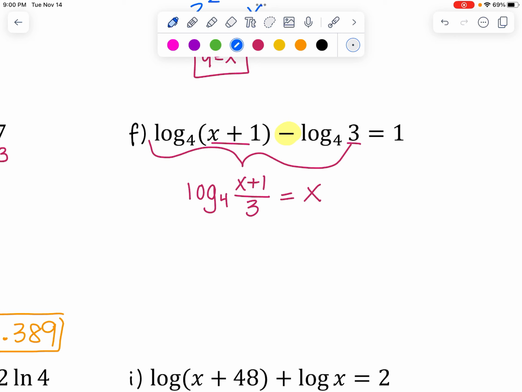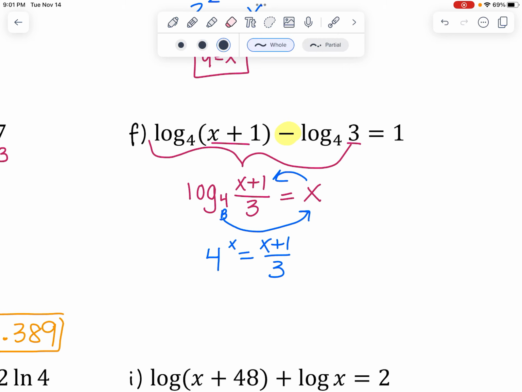Now that I have the logs condensed, I notice there's only one log left on one side of the equal sign. So I need to switch to exponential form. Starting with the base of the log, which is base 4, to the power of 1 is equal to x plus 1 over 3.